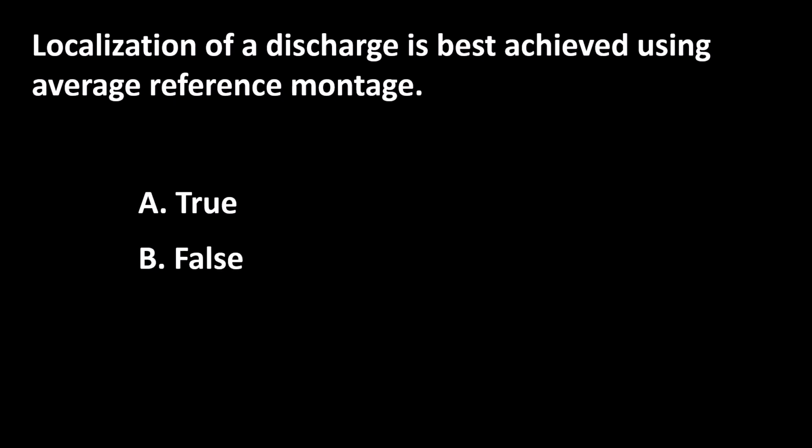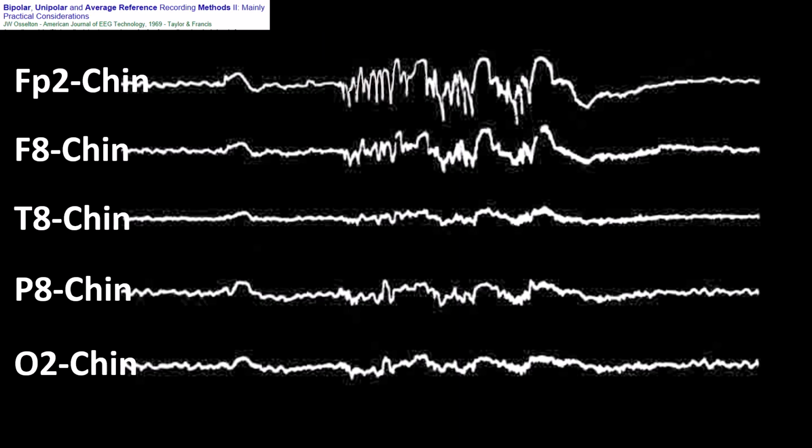Next question. Localization of a discharge is best achieved using average reference montage. A true, B false. This epoch shows a 14 and 6 positive wave complex. The activity is clearly seen using a chin reference montage, as you can see in this frame. In this montage, the activity has a frontal predominance.